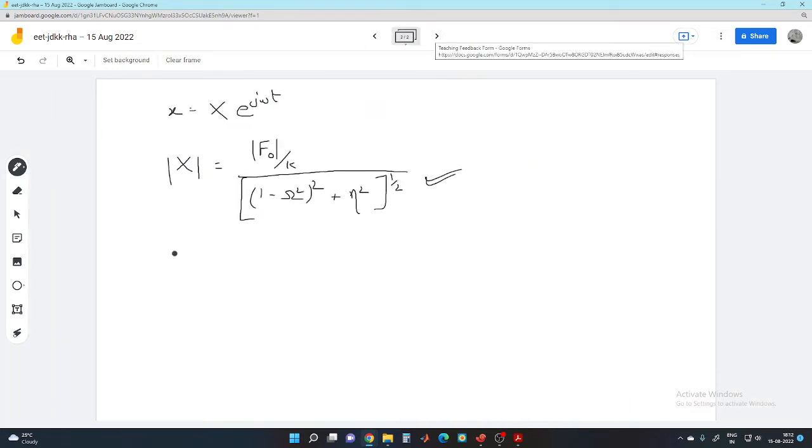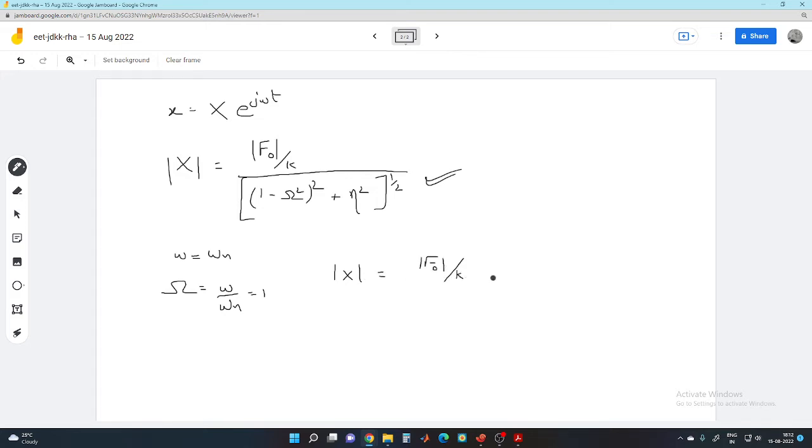So if omega is equal to omega n, then capital omega, which is the ratio of omega by omega n, is equal to 1. Then this mod of x value becomes mod of f naught by k upon (1 minus 1 square whole square plus eta square) whole to the power of 1 by 2. Now this term 1 minus 1 square is 1 minus 1, which is 0, and 0 square is again 0.